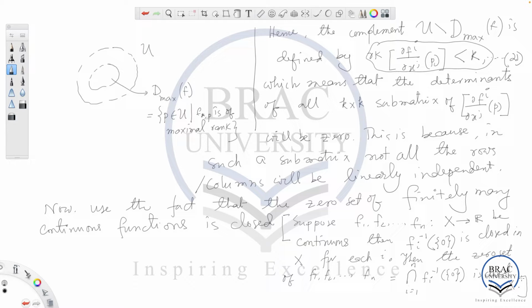So using this argument, we see that the zero set of finitely many continuous functions is closed.